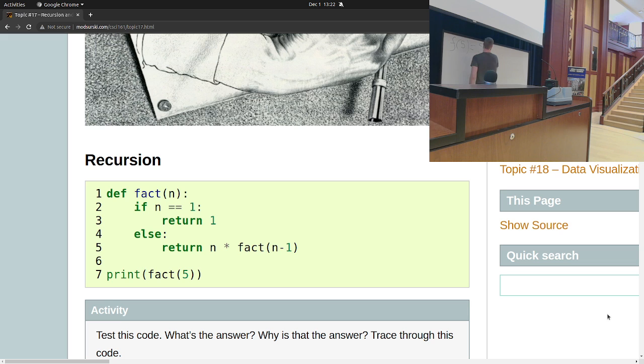What's n minus 1 here? 4. No big mystery there. Great. So the answer to this question is simple. F of 5 is just 5 times f of 4. That's it. That's all it is.